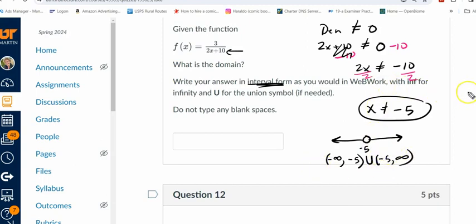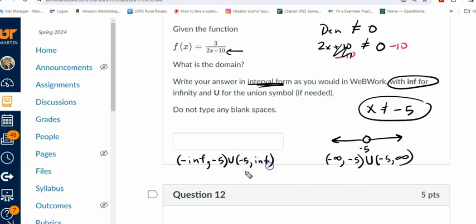We don't have an infinity symbol, but it says in the instructions to type INF. So what I'm going to type, without any spaces, is going to be that.